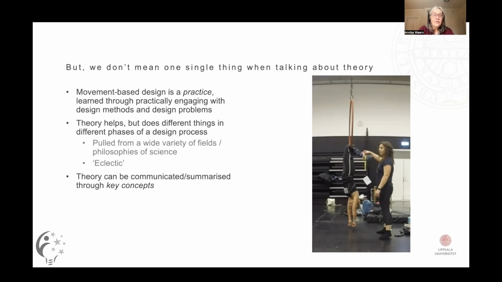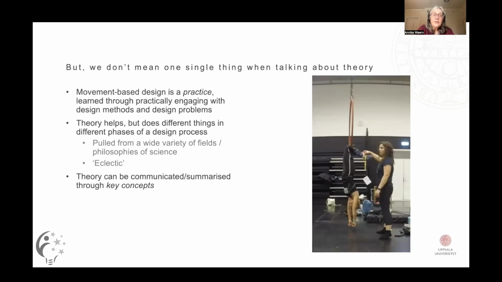We learn it not through reading books or papers, but we learn it through engaging in practice with design methods, with the design process, problems we're trying to solve. And we do this over and over again, building up our skills. So theory can help, but depending on what we are using it for, and in particular in what phase of a design process we're using the theory, it will do very different things for us.